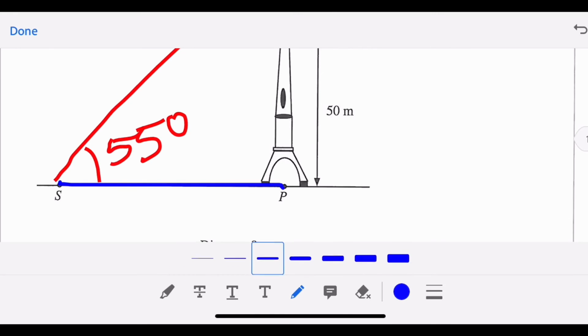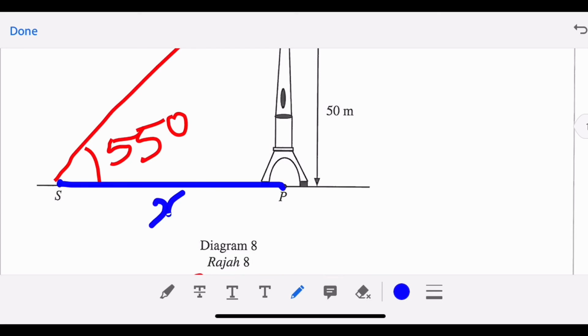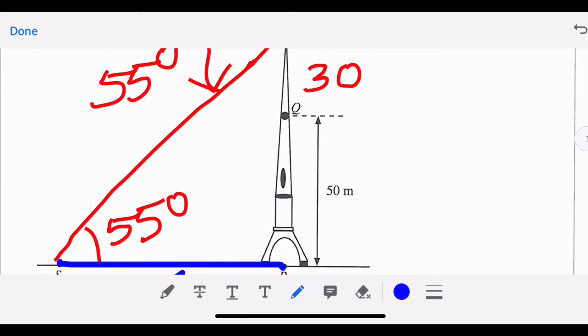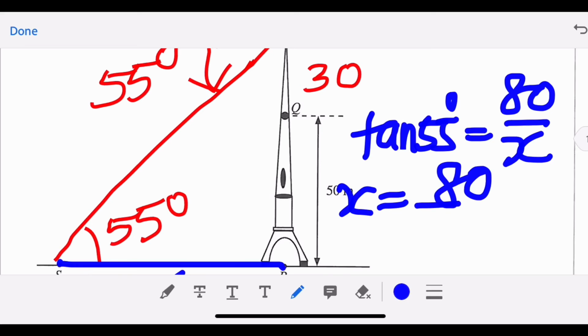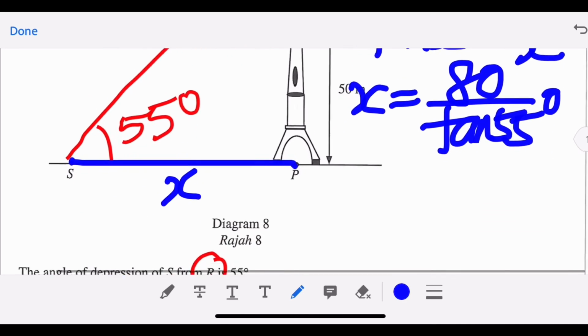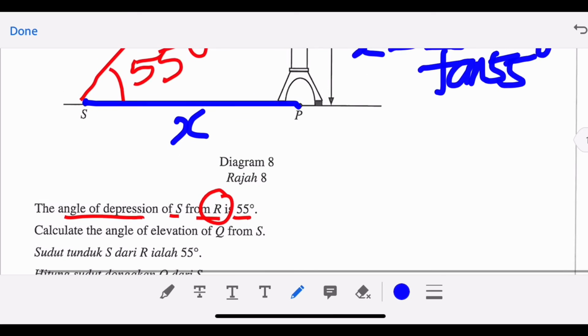I draw the line in blue color for PS and label it as X, and then I will say tangent 55 is 80 over X. So I solve for X. My answer is 80 over tangent 55.